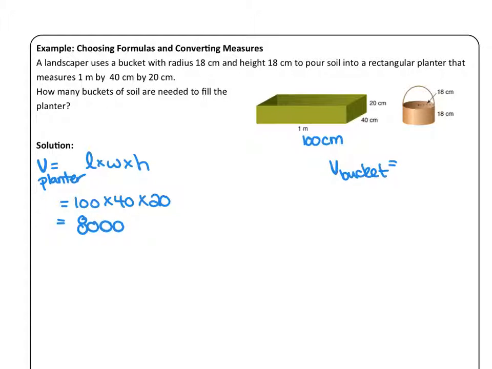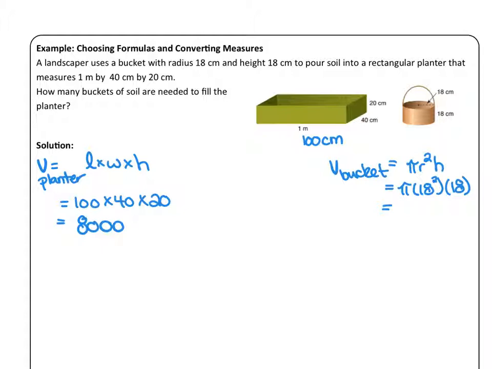And the bucket is a cylinder, so it is pi r squared times h. And r is 18 centimeters, so it's pi times 18 squared times a height of 18.